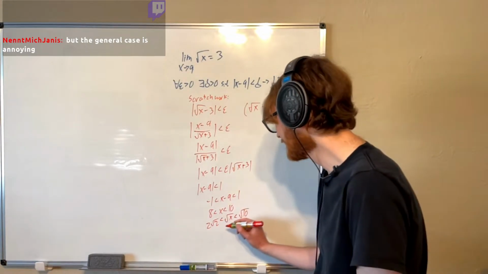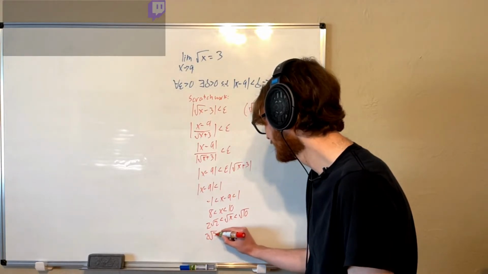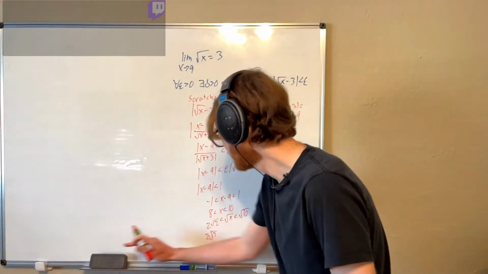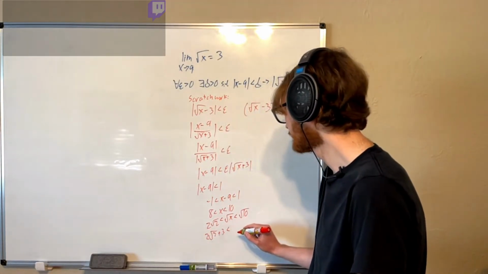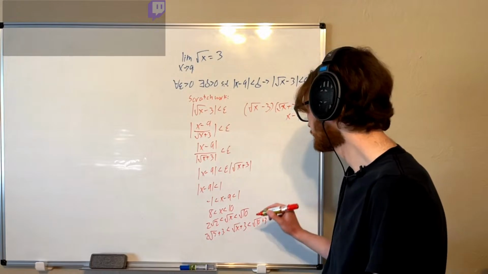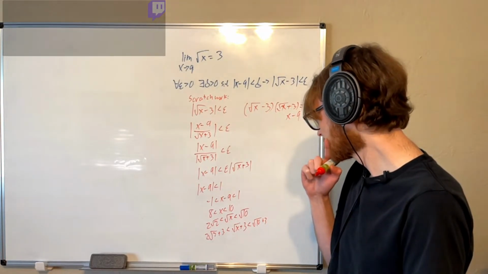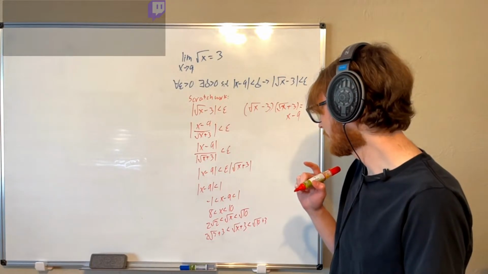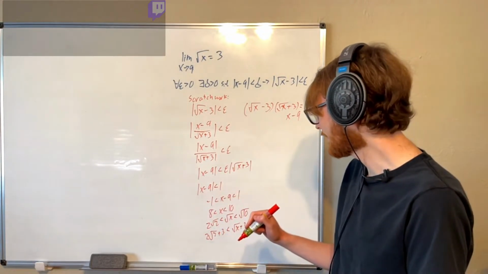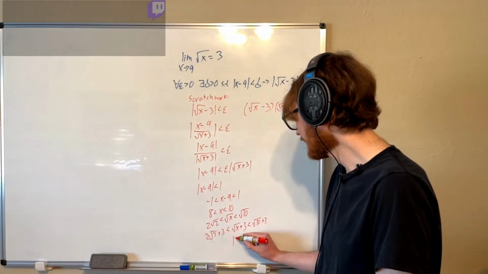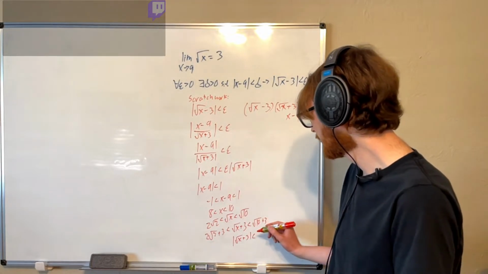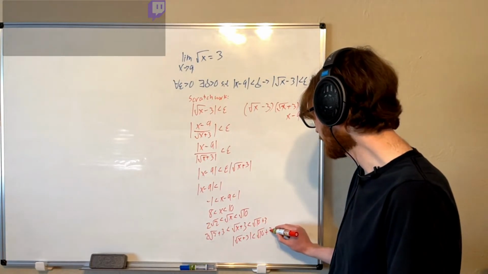And I guess we just add 3. So if we know that the absolute value of x minus 9 is less than 1, we could also say the absolute value of root x plus 3, I think we want to bound it from above, because we're multiplying by epsilon, is less than root 10 plus 3.